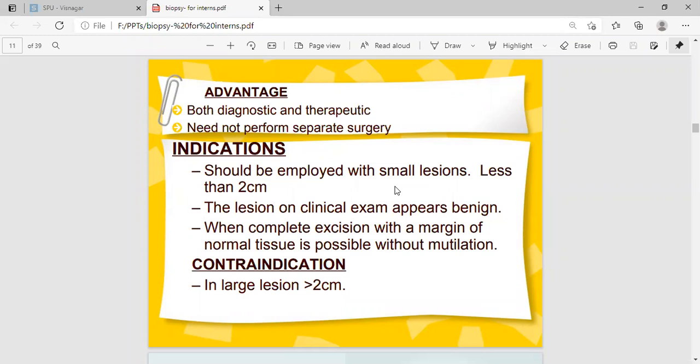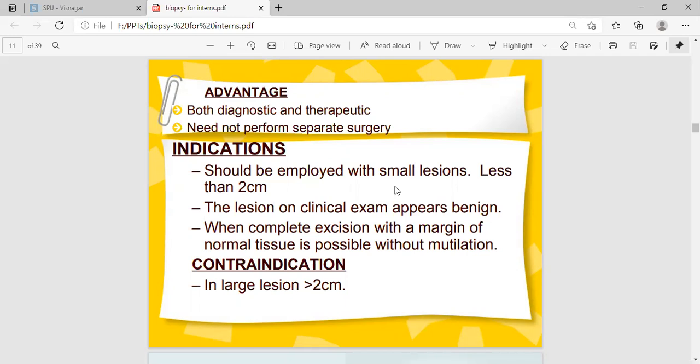Again, practically speaking, it is not always that the lesion is less than 2 centimeters. Sometimes when the lesion is larger than 2 centimeters, and you are confident that this is a benign lesion, in those cases we do perform excisional biopsy. So that is again depending on your diagnosis.